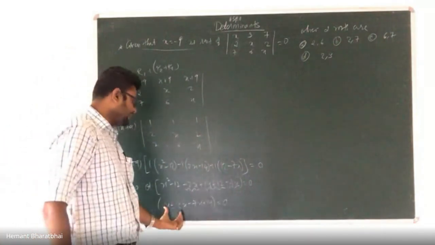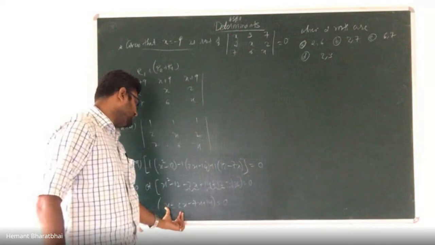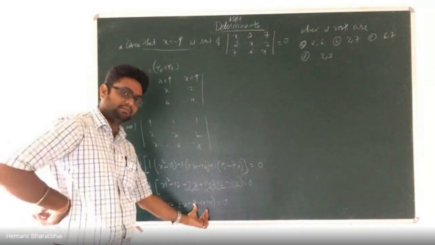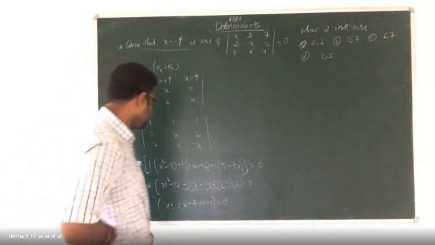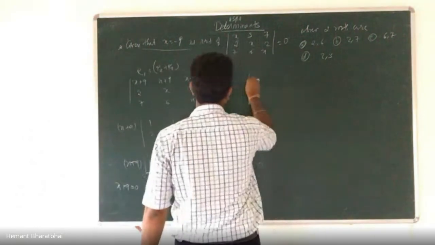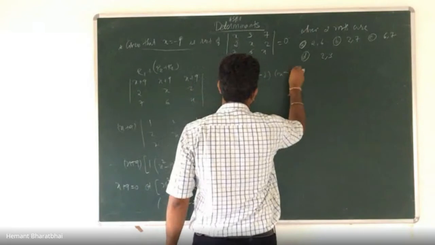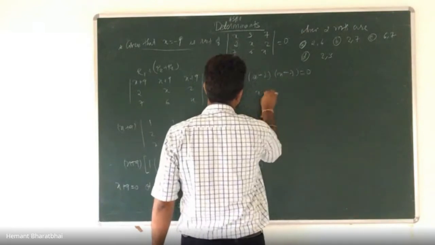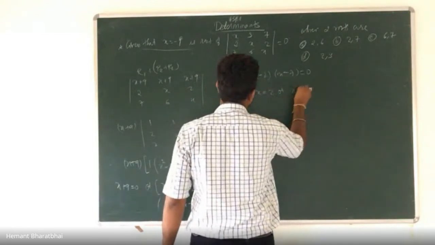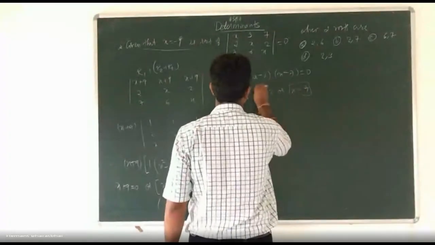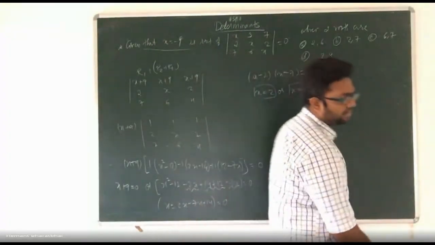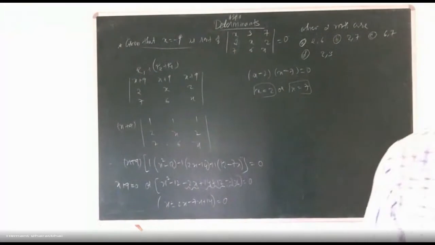From here I can take x as common, so x minus 2 remains. I can take 7 as common, so here also I get x minus 2. I'll get x minus 2 into x minus 7 equals 0. So x equals 2 or x equals 7. So the other two roots are option B, 2 and 7.